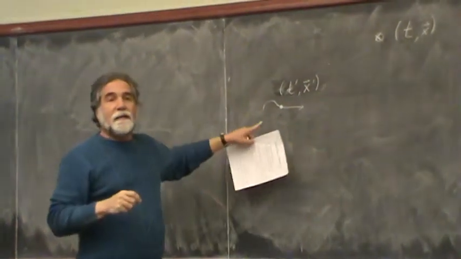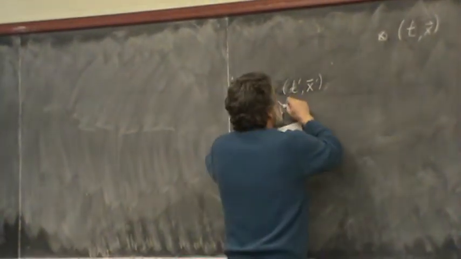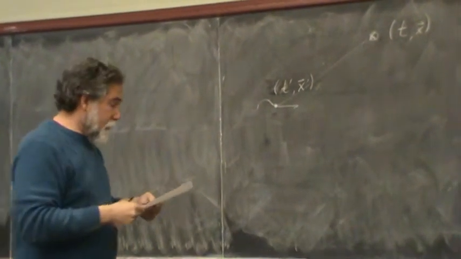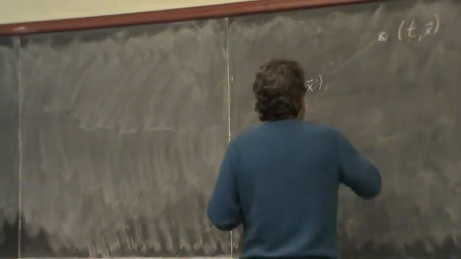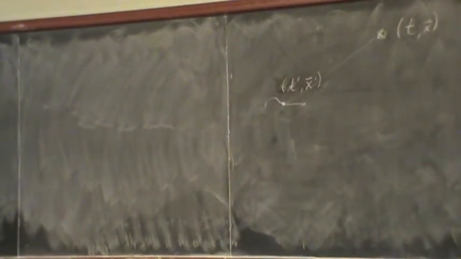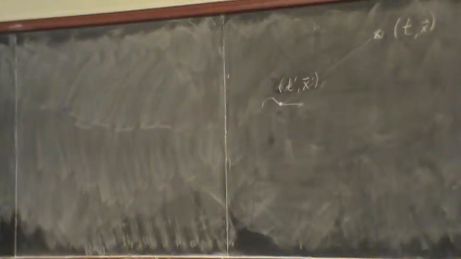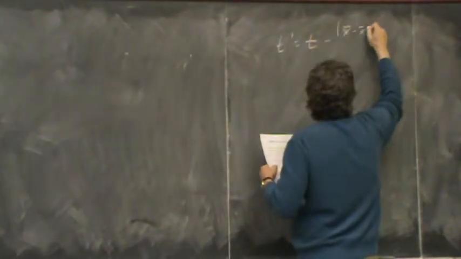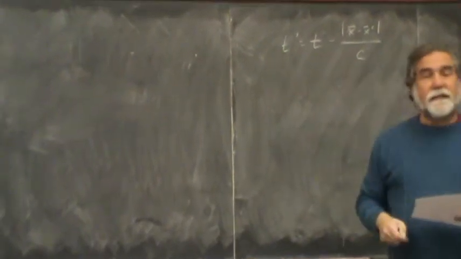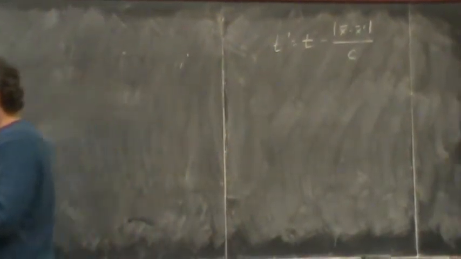And that's got to be selected such that that signal arrives there. We can relate the times pretty easily. I'll write it off to the side: t prime is equal to t minus the magnitude of x minus x prime, divided by the speed of light. That's how long a signal takes to get from there to there.